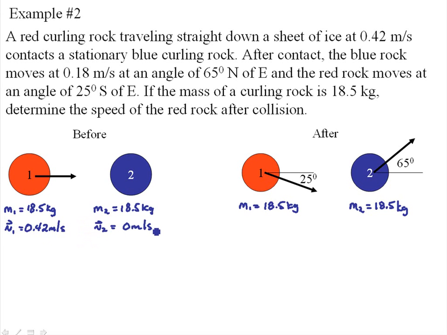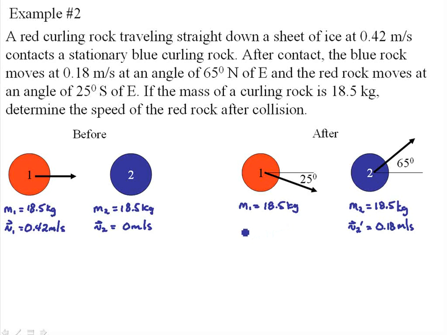After contact, the blue rock moves off at 0.18 meters per second. So let's put that velocity after, 0.18 meters per second. We've labeled the angle 65 degrees north of east. Red rock 25 degrees south of east.